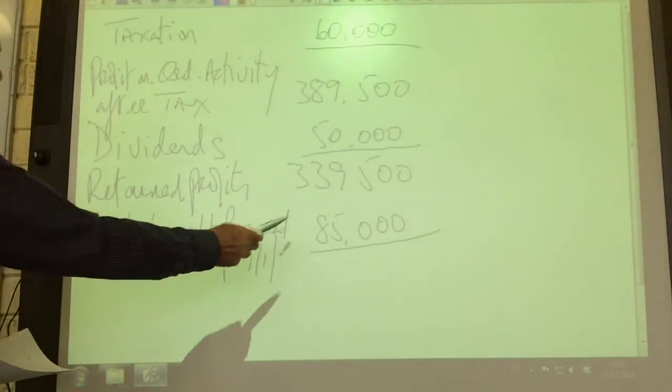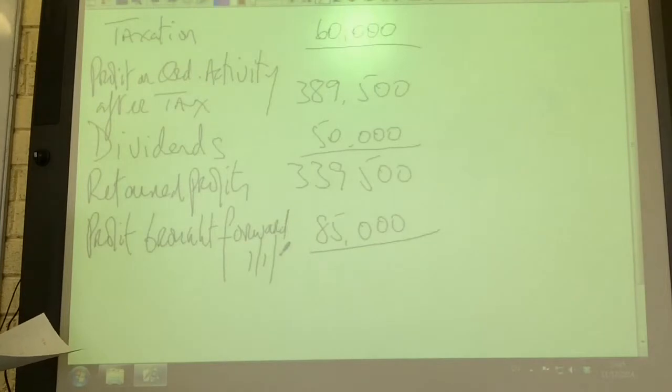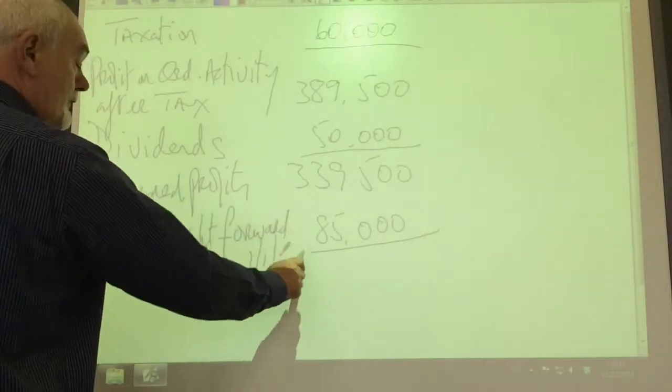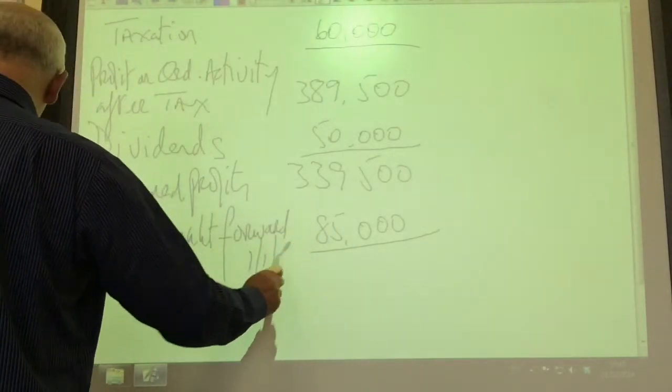We know that because it's a credit entry in the trial balance. You need to be careful of that in case you come across a debit entry. Remember, when you're reading a trial balance, debit: assets, losses, expenses and costs. So if you find a P&L balance that's debit, that would be a loss brought forward. No, this is a profit brought forward from previous years because it's a credit entry.